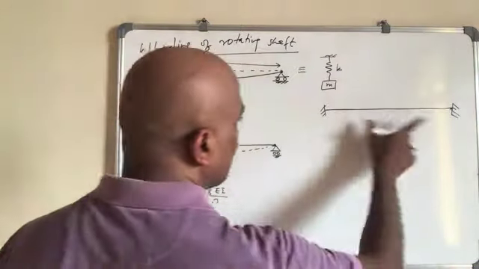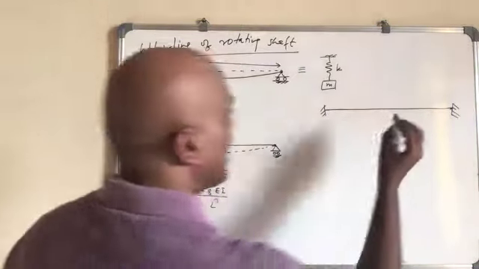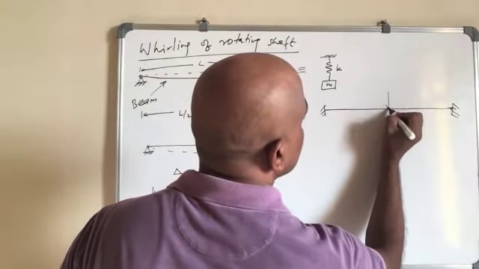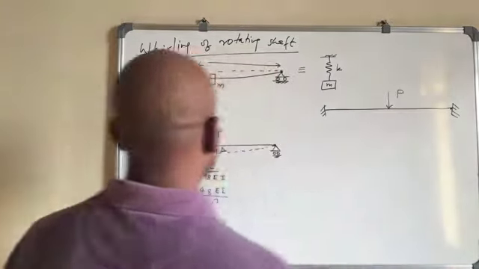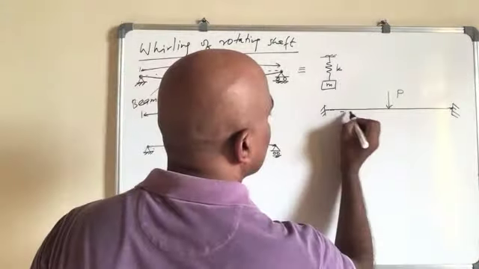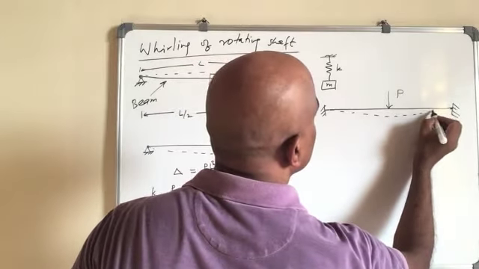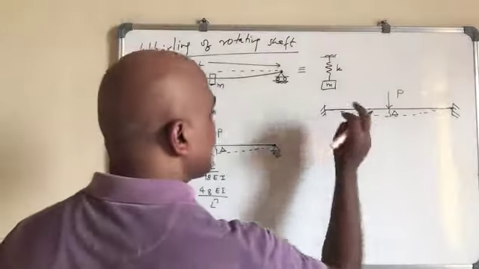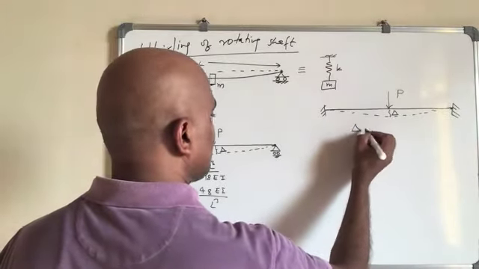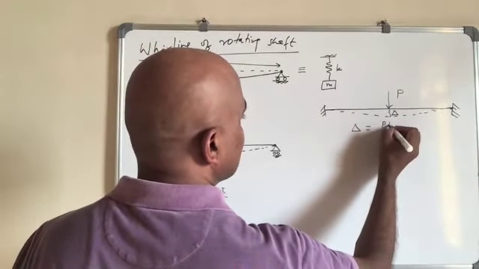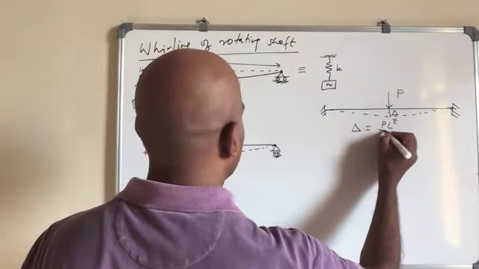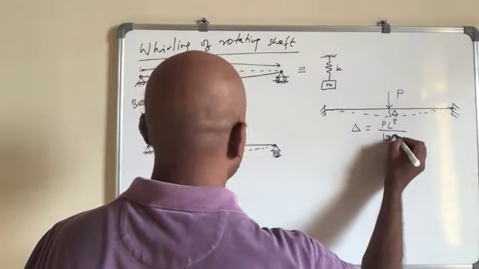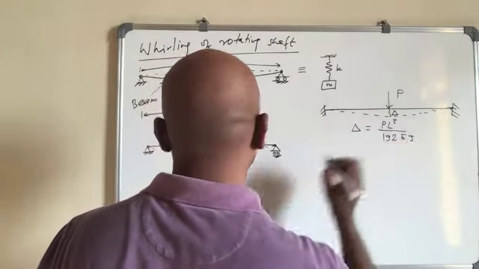In that case, both ends will be fixed. When you have this force applied in the middle and you have the same delta here, delta will be less, given by P L cubed over 192 EI.